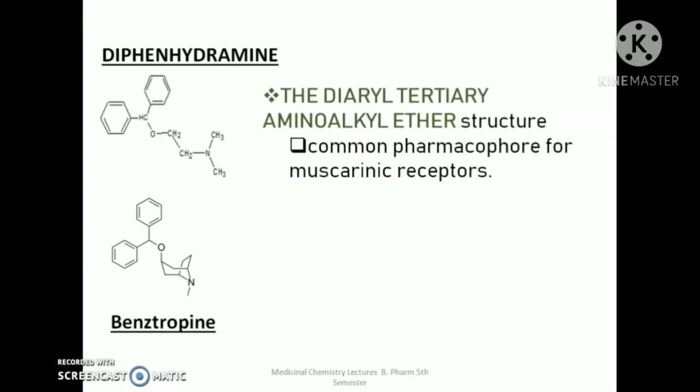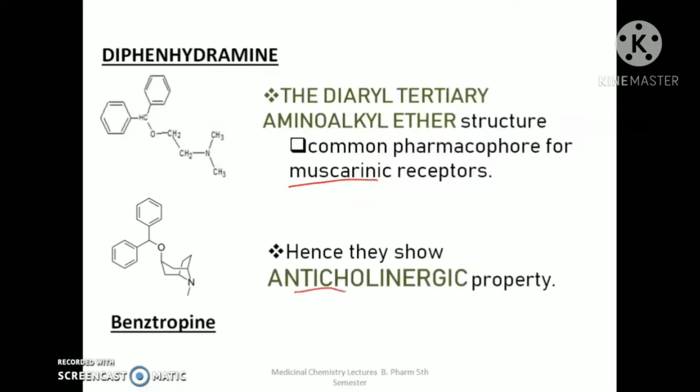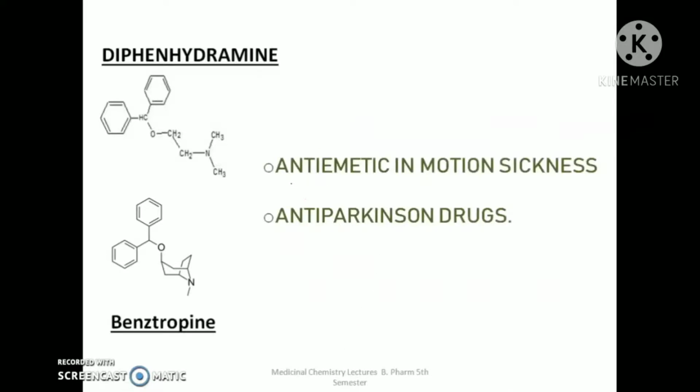This is common for both diphenhydramine and the anticholinergic agents. Therefore, the antihistamines also show anticholinergic property. Because of this reason, they exhibit antiemetic properties, antitussive properties, local anesthetic property, and smooth muscle relaxant activity. So the antihistamines can also be used as antiemetics in motion sickness as well as anti-Parkinsonian agents.